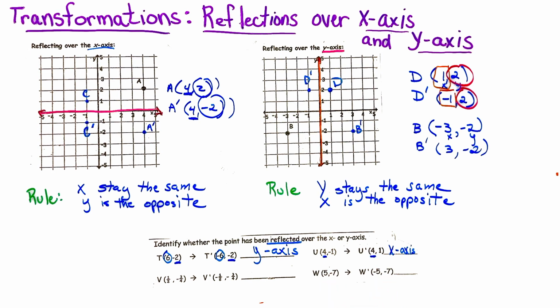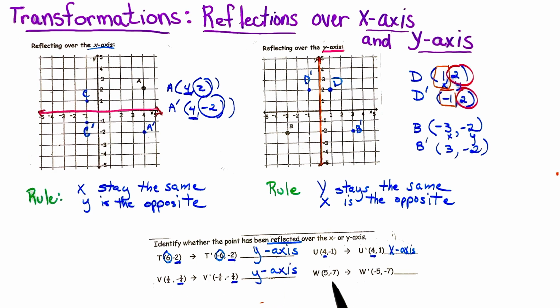Wow, V is dealing with fractions. V is 1/2 and -3/4. V prime, the new point, is -1/2 and -3/4. Again, I see the y stays the same, so that's over the y-axis, and the x's are a pair of opposites.